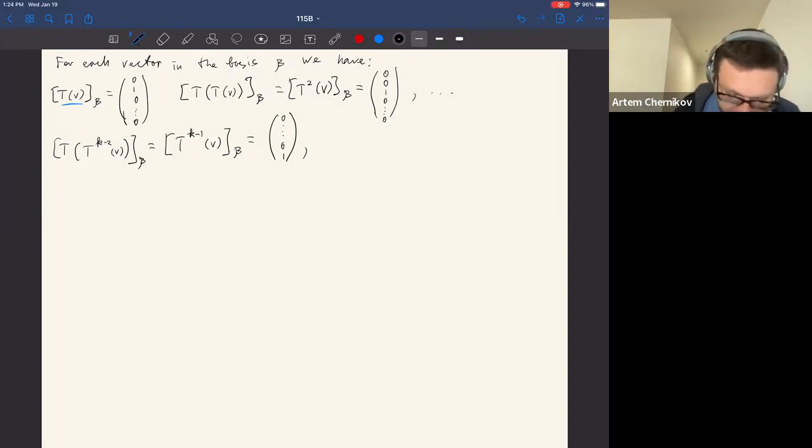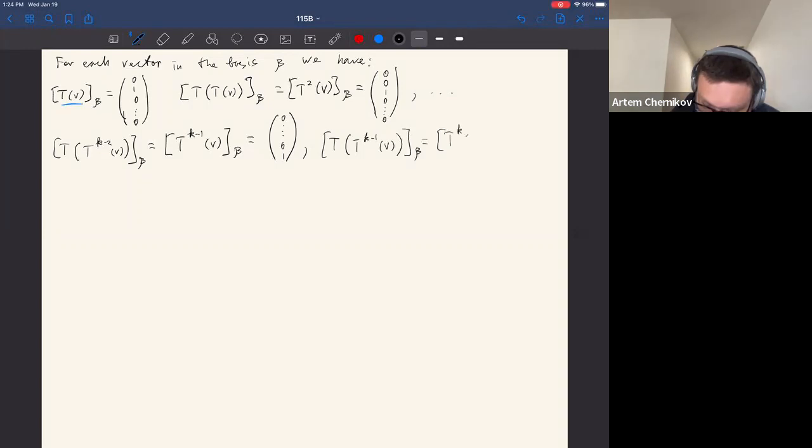And let's calculate one more though. So we also have that T applied to T k minus 1 of V, with respect to beta, this again is simply T k of V with respect to beta, right? The coordinates of this vector. And now this we can write as follows.